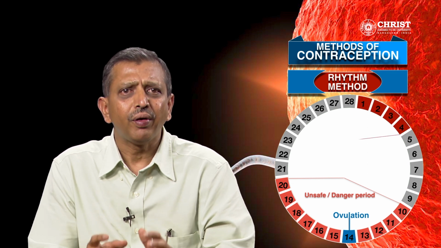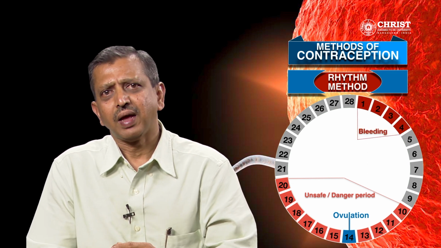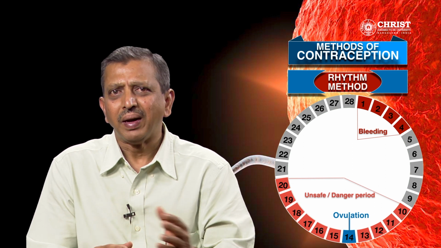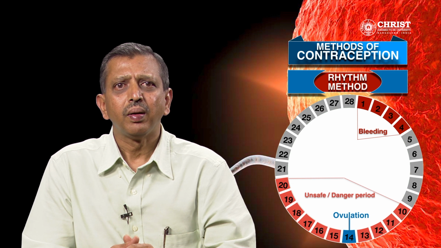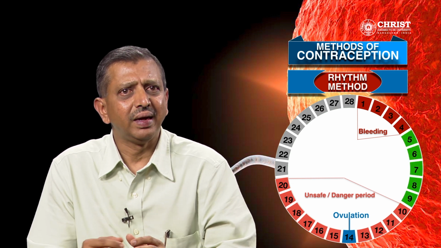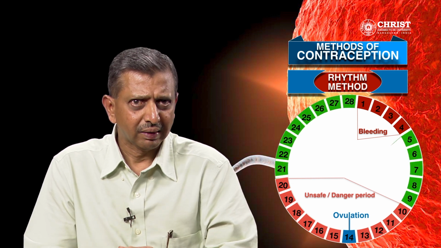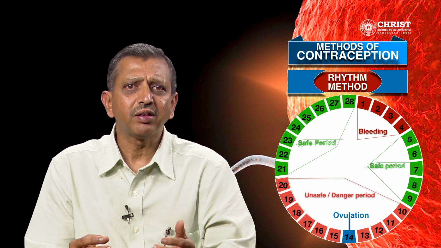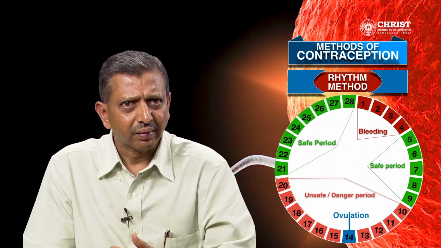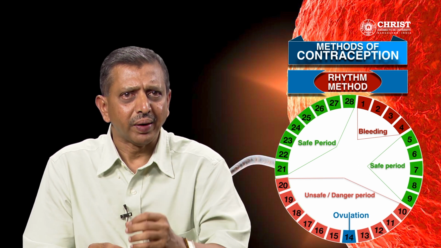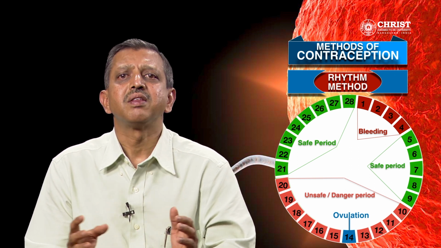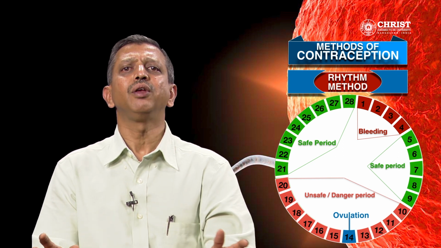The first 4 days of the menstrual cycle are characterized by bleeding, while the remaining period from 5th day to the 9th day, about 5 days, and from 21st day to 28th day, about 8 days, is referred to as safe period, when conception is unlikely to take place.